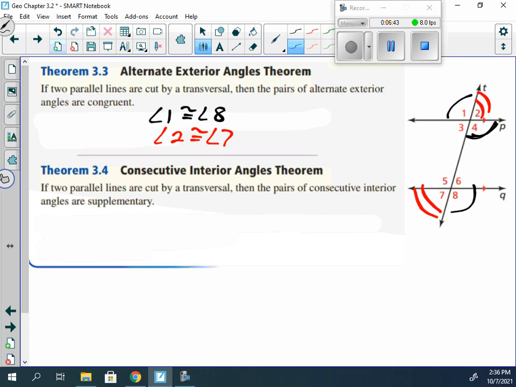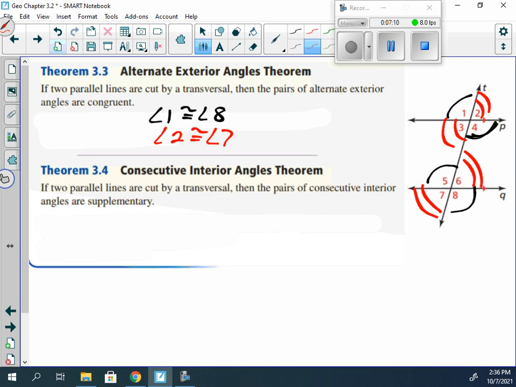Why would we be able to say that? Vertical angles, from the last chapter. Vertical angles are congruent, which means 5 and 8 would be congruent. 7 and 6 would be congruent. 2 and 3 would be congruent.